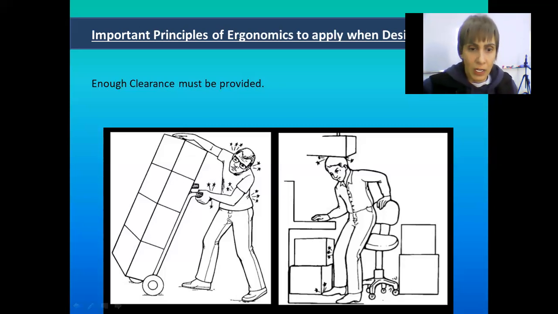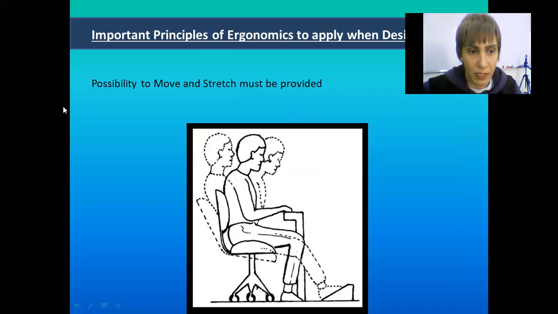So let's see what we have else here. Another principle that you need to always consider in whatever you're designing: provide the possibility for the human to move and stretch comfortably. Now the human body is constantly moving.